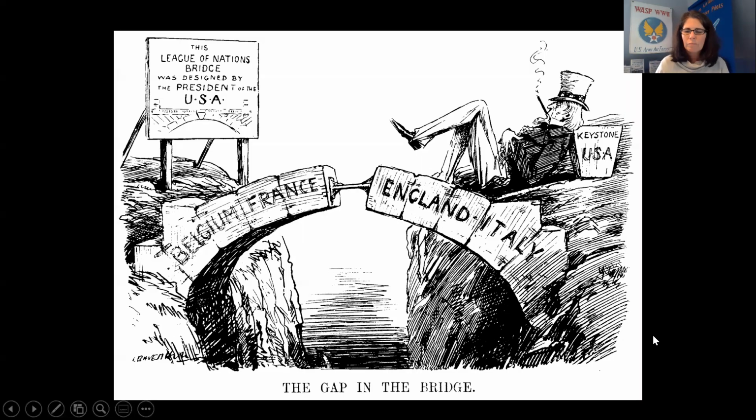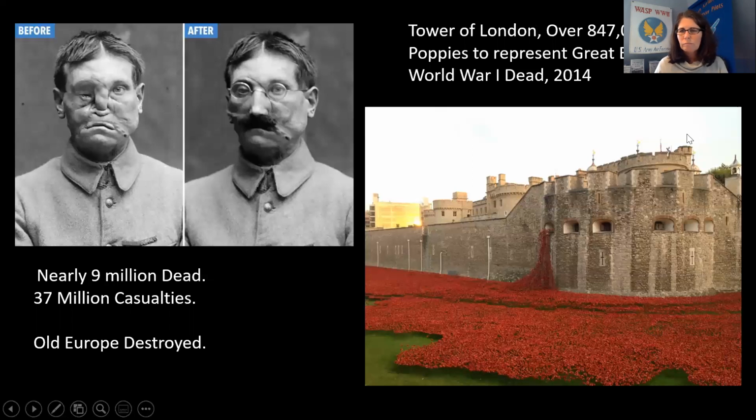It surrounds the whole thing to represent over 847,000 British dead. Just really powerful and moving footage. You can look online and find more pictures of it. Just really, very powerful when you think that every one of those poppies represents a life that was snuffed out far too young.